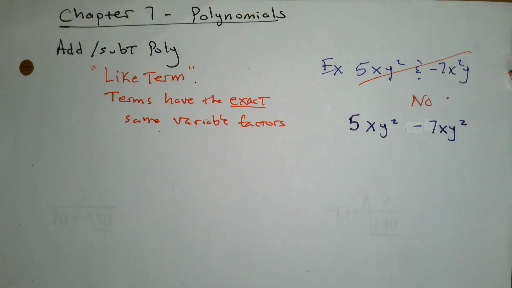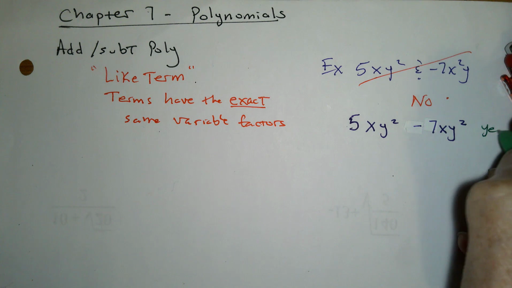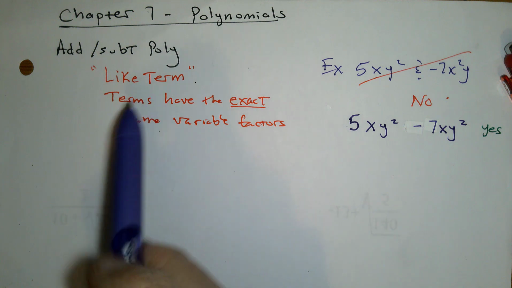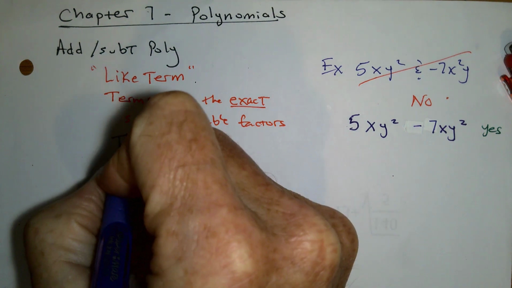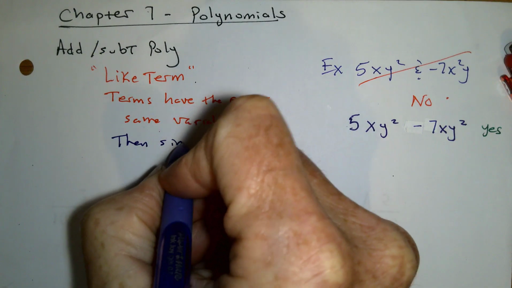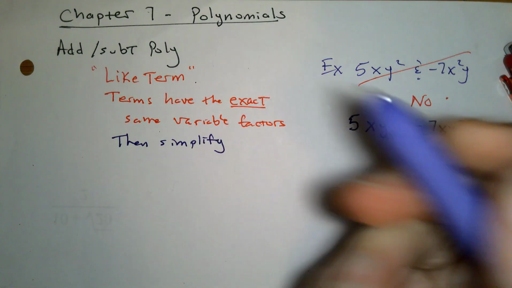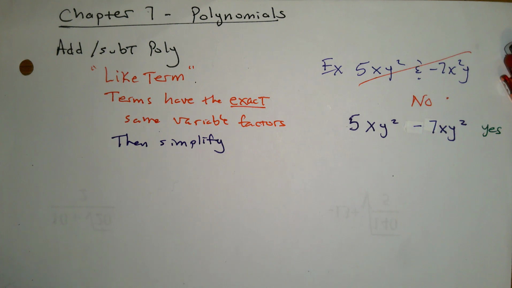Yes, these are exactly the same. Yes, these are like. And when you have like terms, they simplify. So if you have like terms, then you can simplify. And you just simplify by adding and subtracting the coefficients.